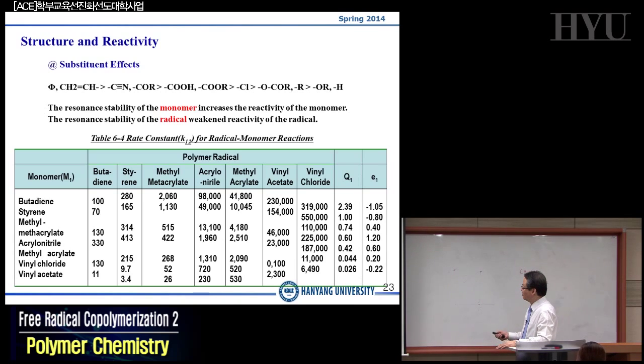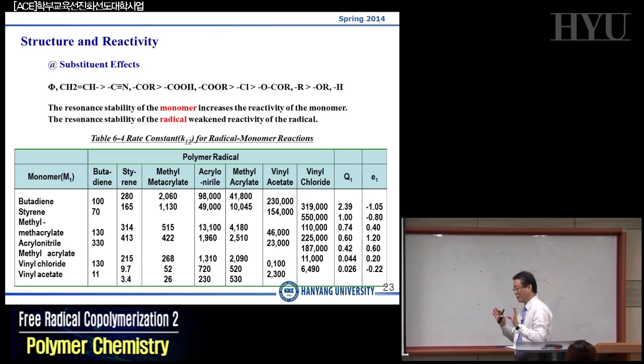Okay? So I will tell you about E1. But Q1 indicates that if you have the resonance stabilization, then the Q1 value increases. Remember that Q1 is 1 for styrene. The styrene was the standard material for the Q-E scheme, whereas E, the polar effect, for styrene was arbitrarily set to minus 0.8, and I will show you why they set minus 0.8.